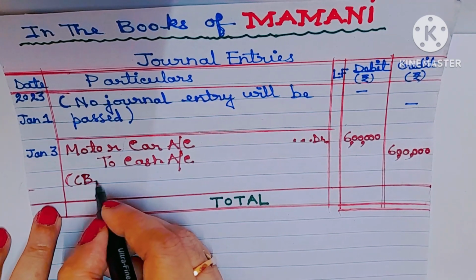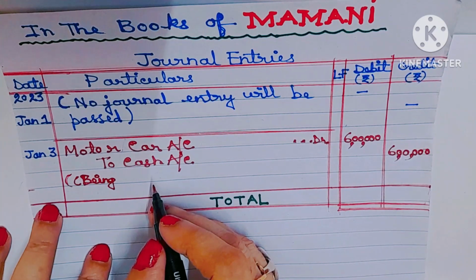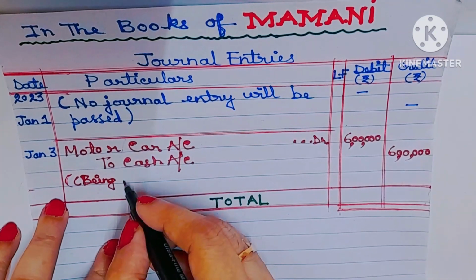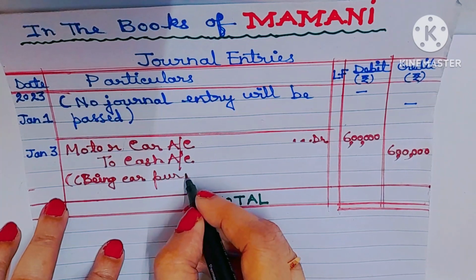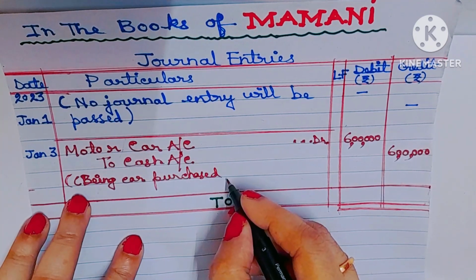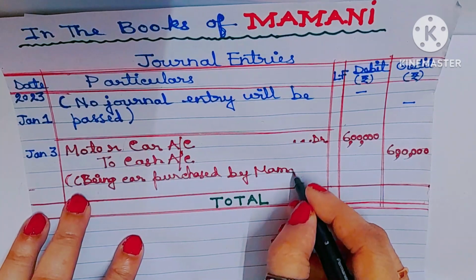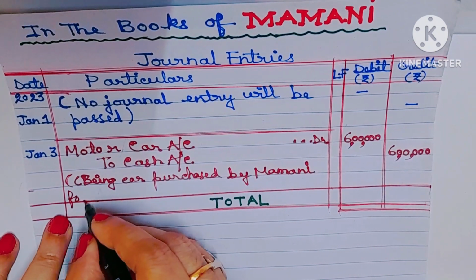In bracket, we always have to write narration. Narration means brief note or brief explanation. So we'll write: being car purchased by Mamuni for use in the business.